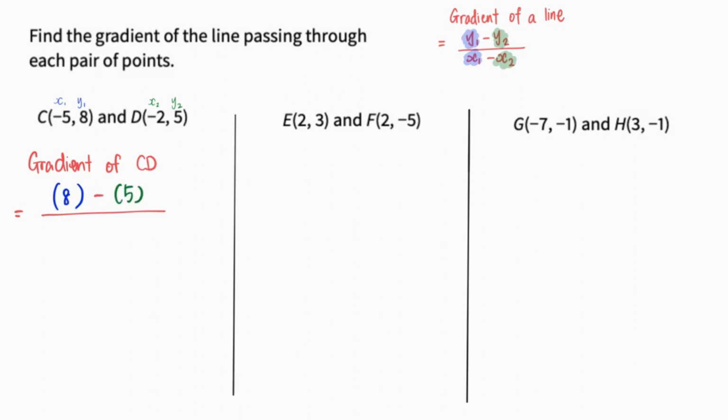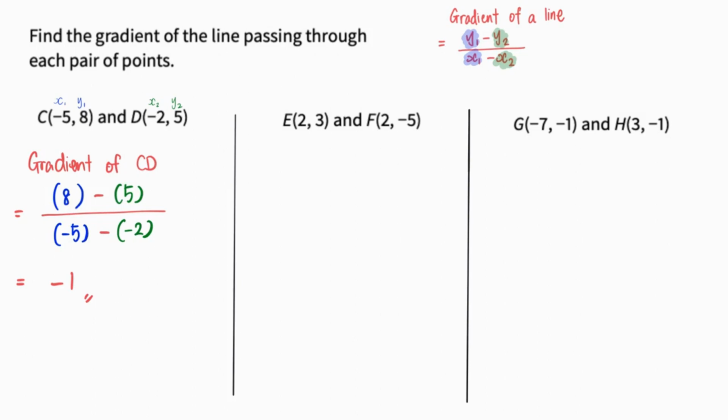This will prevent careless mistakes. X1, -5, minus my x2, -2. At this point, I just need to make use of my calculator. This will give me a value of -1. Done. And I'm going to replicate this for my next two pairs of points.